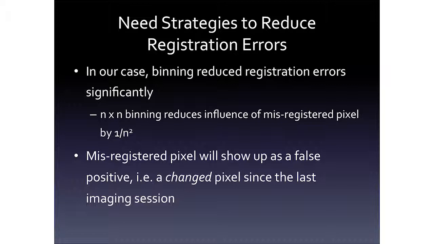So if you bin it by n, you reduce a misregistered pixel, and that superpixel is down by 1 over n squared. So that was the effect, and we haven't published this yet, but you can just watch the false error rate just drop right off as you increase the binning.